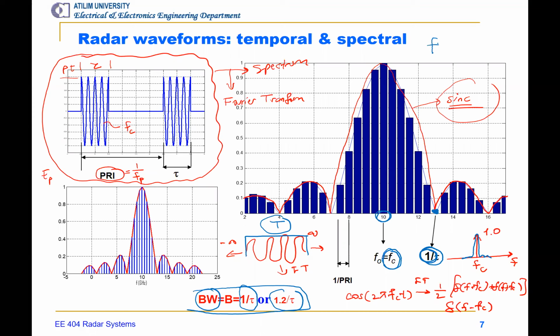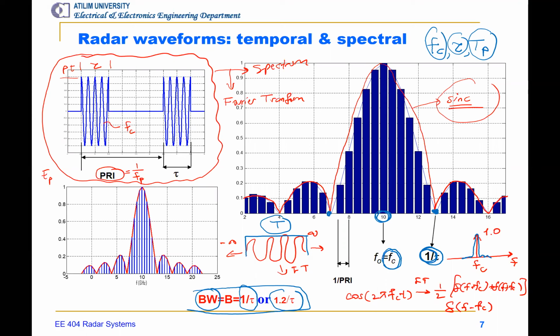There are 3 parameters which are very critical in understanding this spectrum: the carrier frequency, the pulse width, and TP. And FC is the center of the sinc function. Tau is the first null of the sinc function. How about TP? TP describes the spacing between the discrete lines.